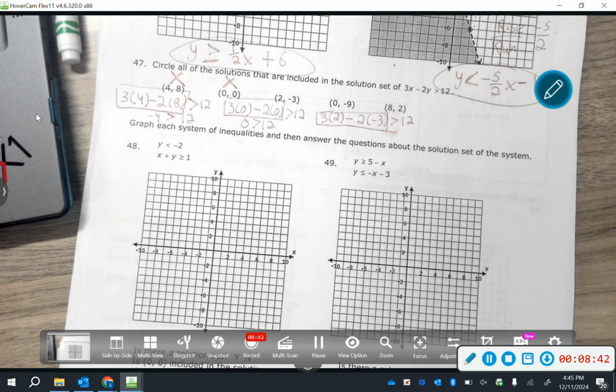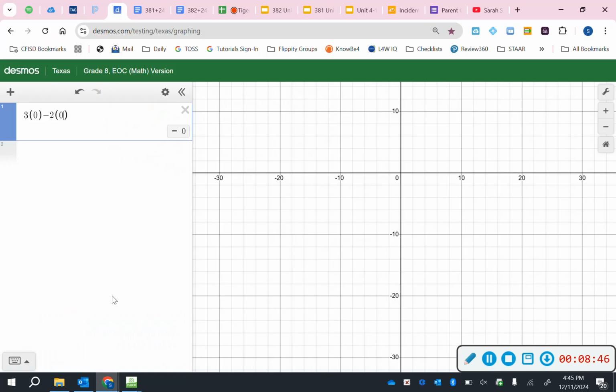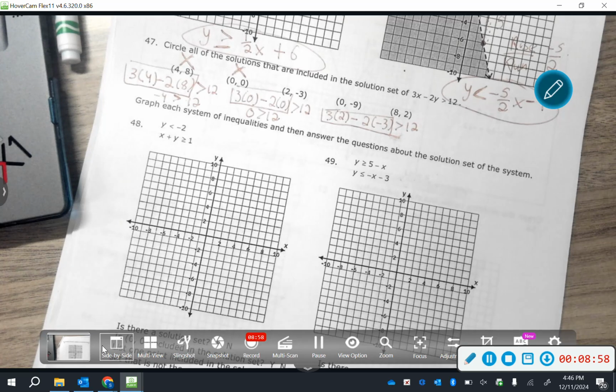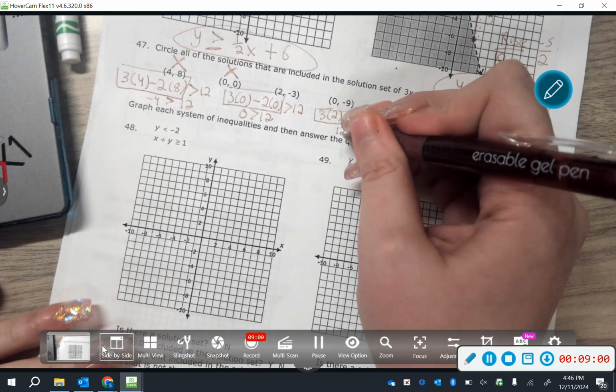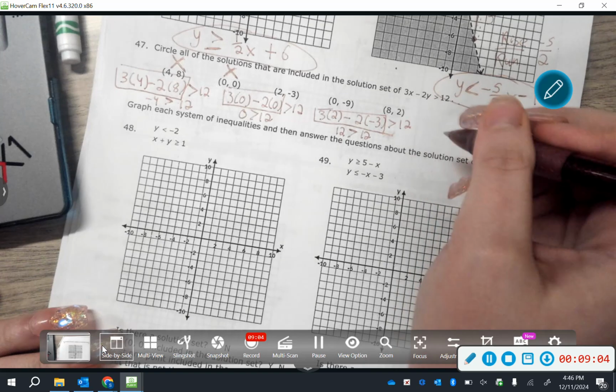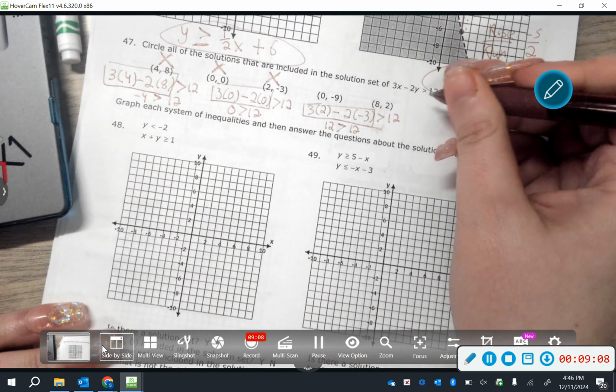Okay, so 3 times 2 minus 2 times -3. So I got 12. Is 12 greater than 12? No, they're equal to each other. This one's out.